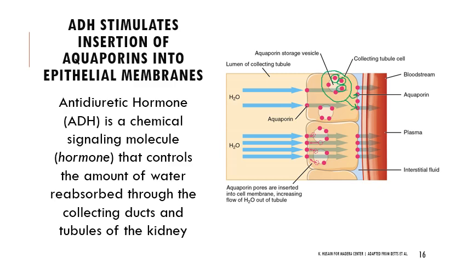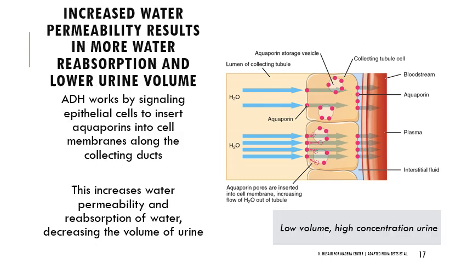And so when water is coming down the collecting tube, if you have more openings, then you have more likelihood of water passing through. It's leakier, so you have more water getting reabsorbed into your plasma. If you have less of those, water passes straight through, and so you have an increased urine volume. So when ADH is working, you have increased water permeability, increased reabsorption of water, and decreased volume of urine. So you have low volume, high concentration urine, and that all works to then decrease blood osmolality.